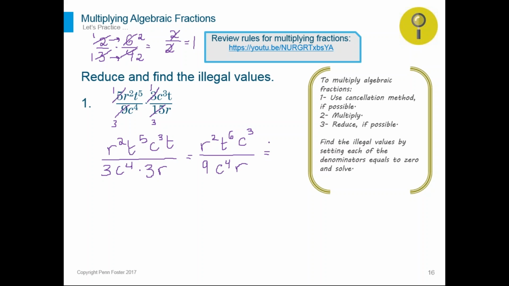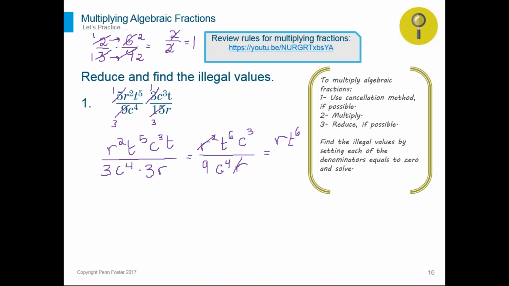We're not done yet. We have to look on the top and the bottom and reduce anything with the same variable by subtracting the exponents. So I see r squared and r. 2 minus 1 is 1. So r on the top. We have t to the 6th, but no t's there, so t to the 6th will just stay on the top.